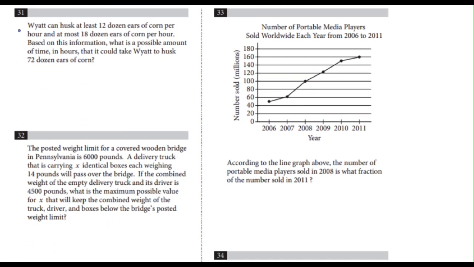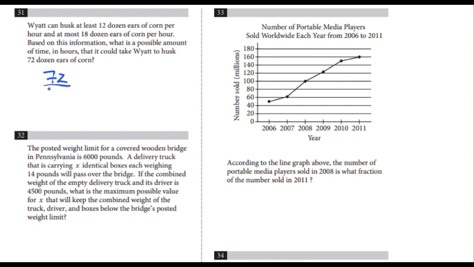Number 31. Y can husk at least 12 dozen ears of corn per hour, or at most 18 dozen ears of corn per hour. Based on this information, what is a possible amount of time in hours it could take Y to husk 72 dozen ears of corn? So since he can husk at least 12 or at most 18, it doesn't matter which one we use.